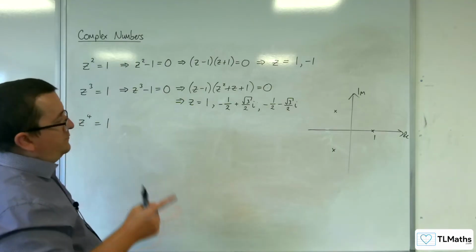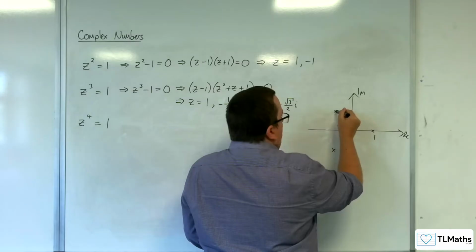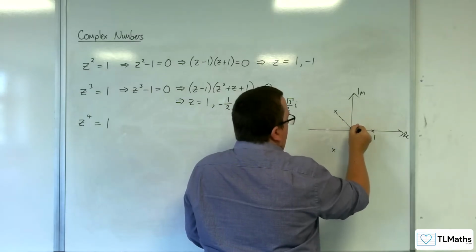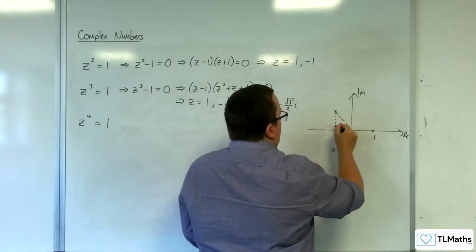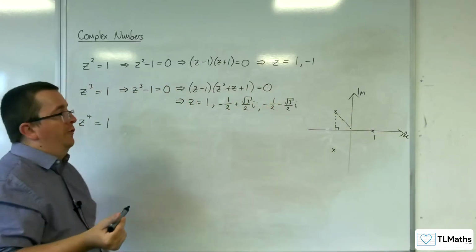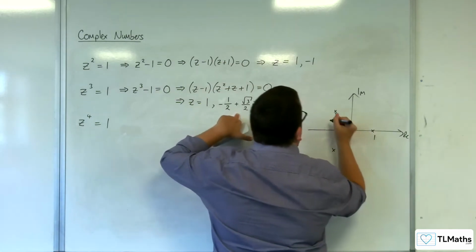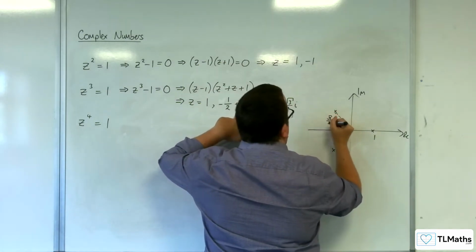Now, what you need to spot here is that if I look at trying to find the modulus of that complex number, we've got 1 half and root 3 over 2.